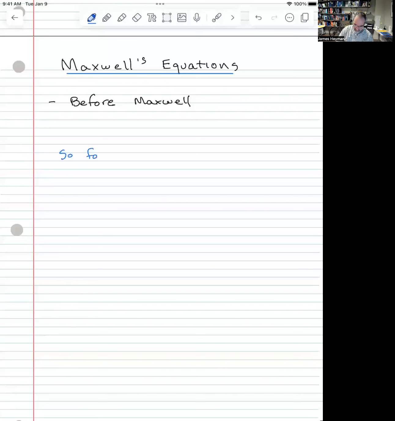So far, we have the following. We know that the divergence of the electric field is given by rho over epsilon naught, sometimes called Gauss's law, okay? And we found the curl of the electric field.